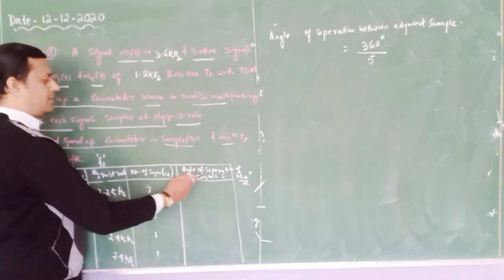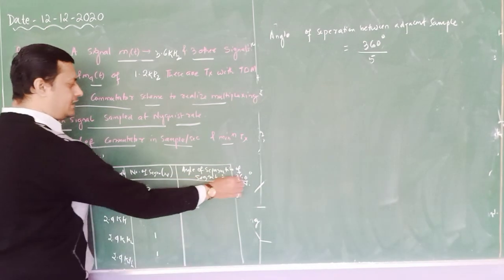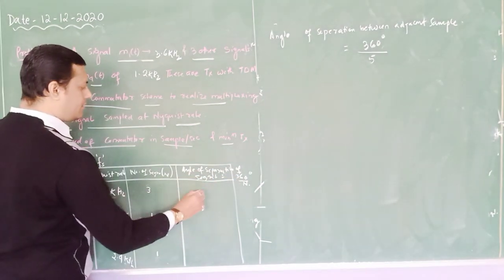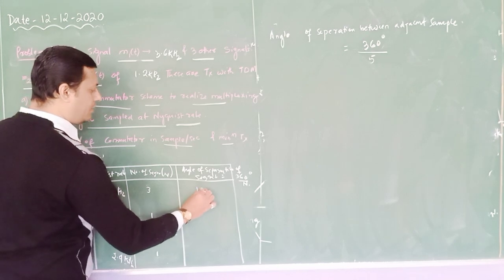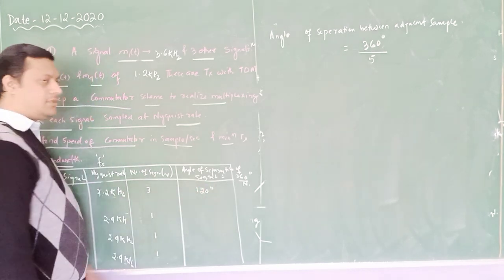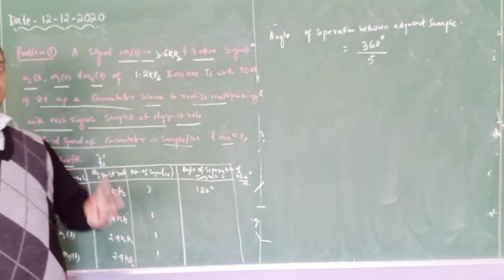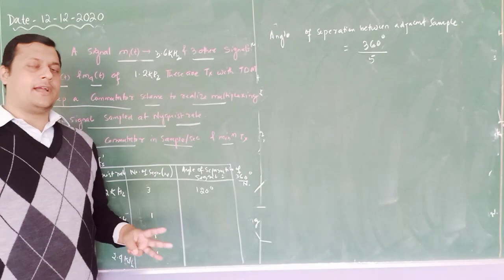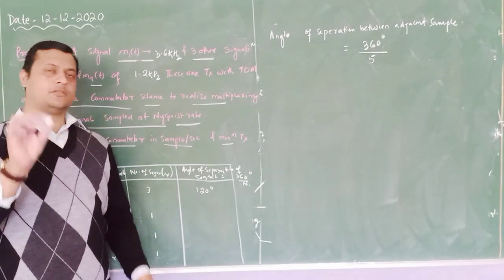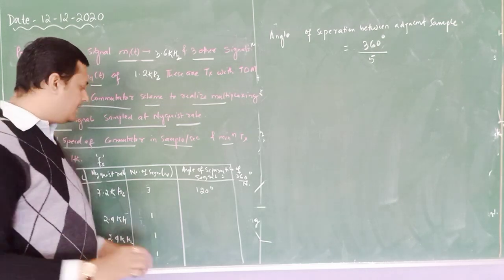Now the angle of separation of this segment: 360 degrees divided by 3 will come around 120 degrees, because to complete the 3 segments I need 120 degrees separation, so that it becomes 360.